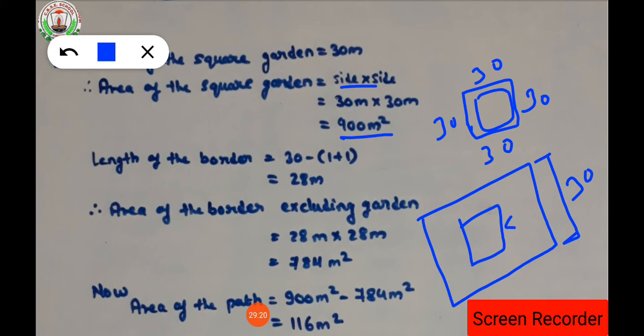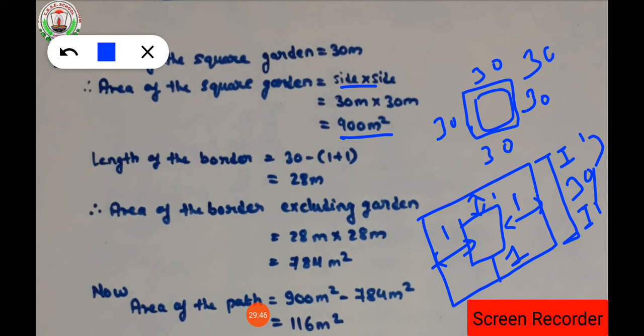Now look student, it is said that the width of the road is how much? 1 everywhere, isn't it? So when we are talking about the width from here to here and here to here, 1 and 1 is here.